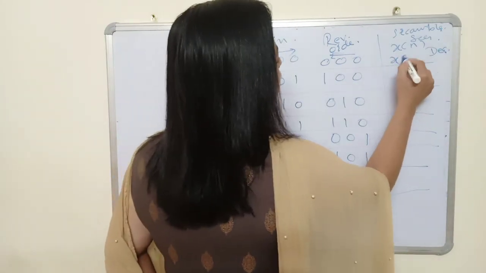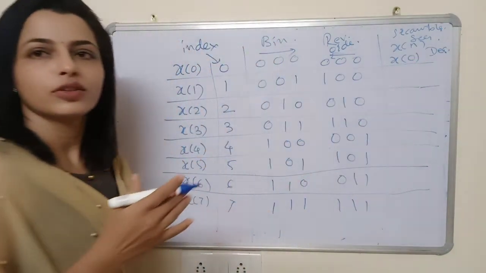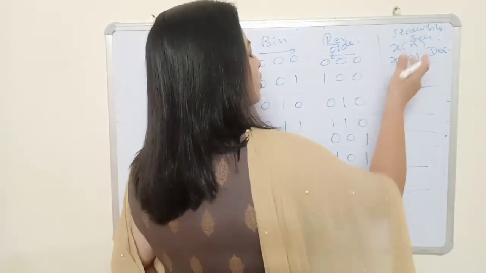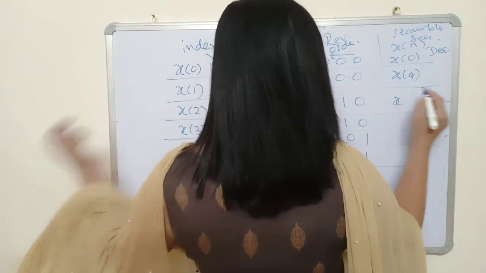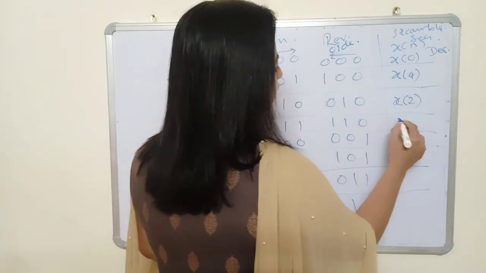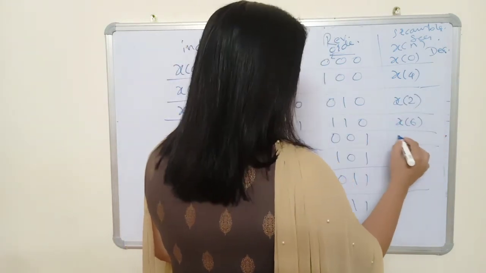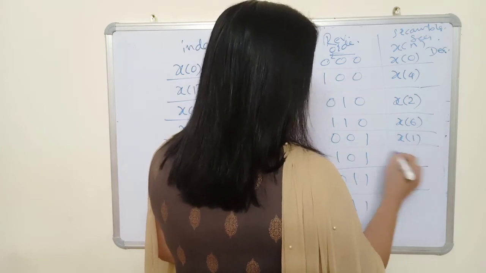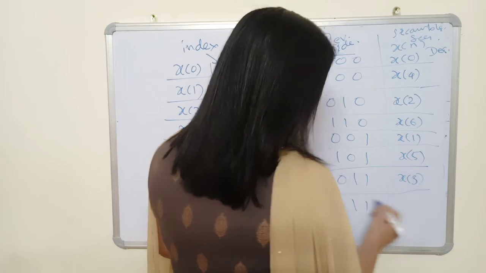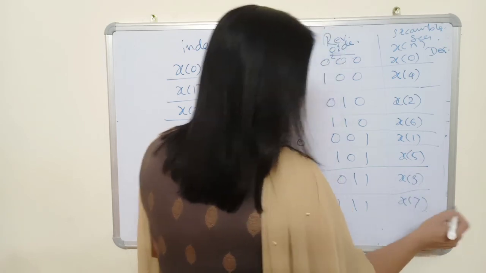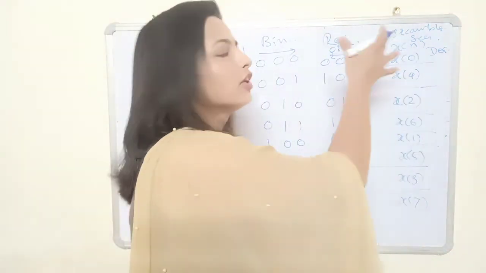So this will be x of 0. The first point, as you must have observed, is x of 0, then x of 4, then x of 2, then x of 6, then x of 1, then x of 5, x of 3 and x of 7. So this is the scrambling of the sequence.